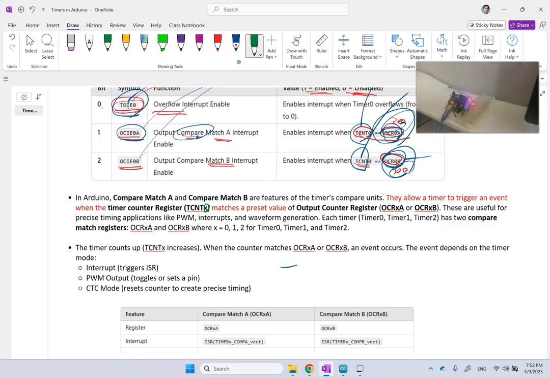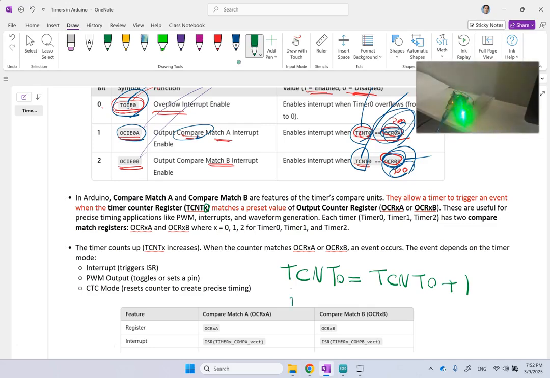So this TCNT0 becomes TCNT0 plus 1. Each time you're increasing it by 1 per each pulse that you receive from the clock, divided of course by the prescaler.